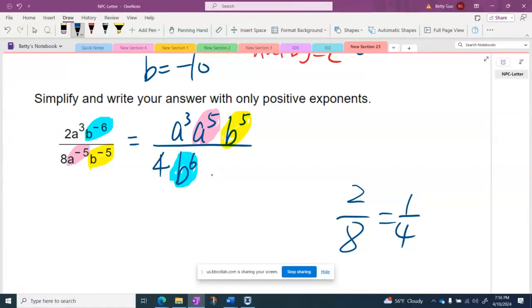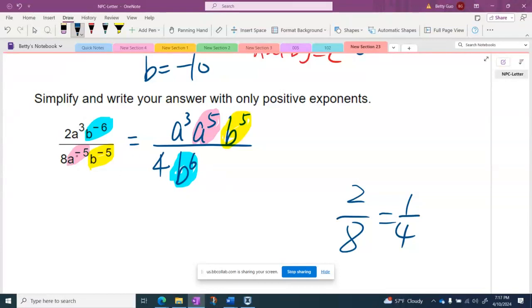How do we change the blue on the bottom? We get rid of the negative sign and put everything left on the bottom. Reflect, I mean, with respect to the fraction bar, like flip over the fraction bar. It was on the top, but when we remove the negative sign, we're going to put it on the bottom.